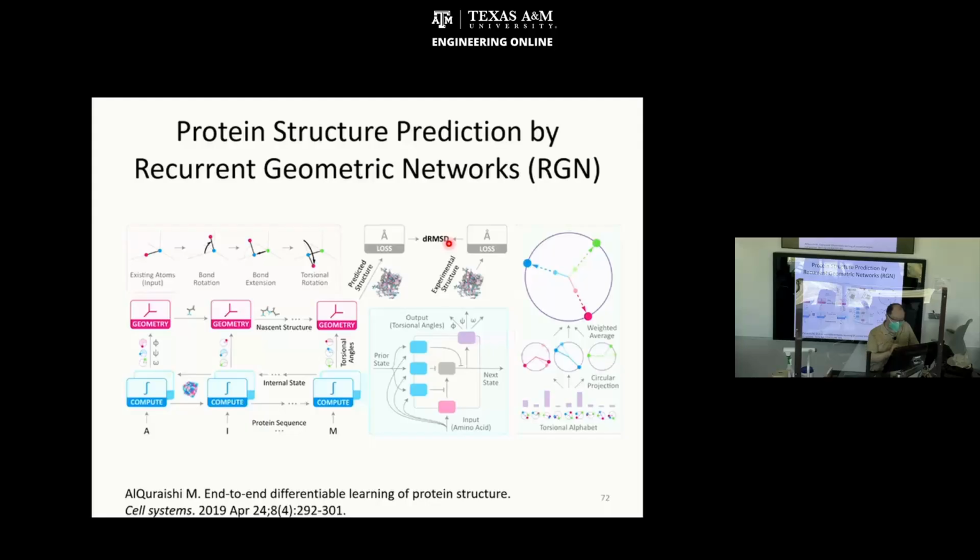As we said, that can be used to measure the difference between two structures, right? And this is calculated based on all the distances so that you don't have to do alignment, right? Then you have a loss, right? So then this whole thing is trained end to end, and you make sure that this can backpropagate all the way to calculate these parameters, okay?